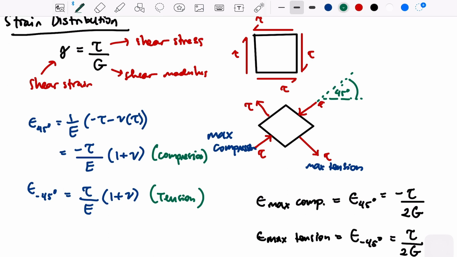How we get the 45 and negative 45, you can see from this part here. This is going over there. This is negative 45, right? The negative and positive mean how the strain changes. So this is the original shape, and it changes and becomes this.